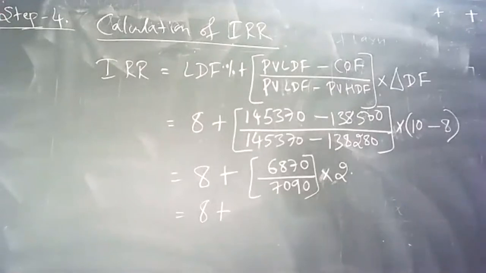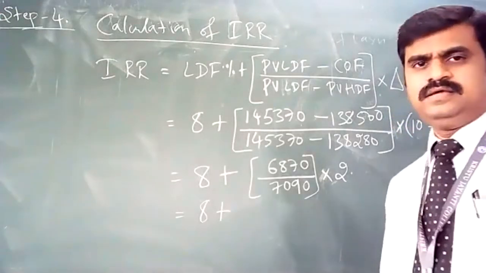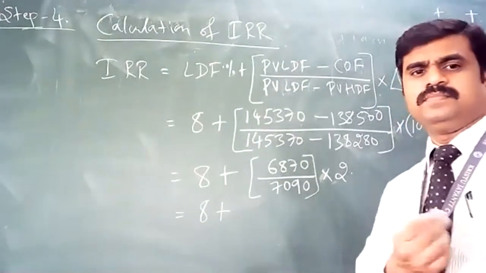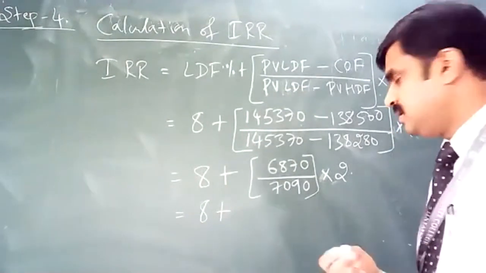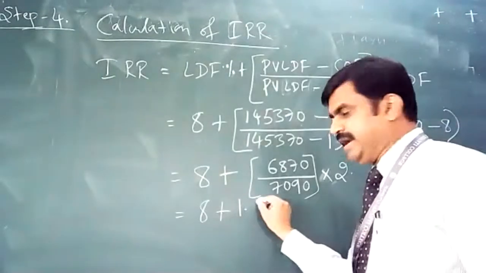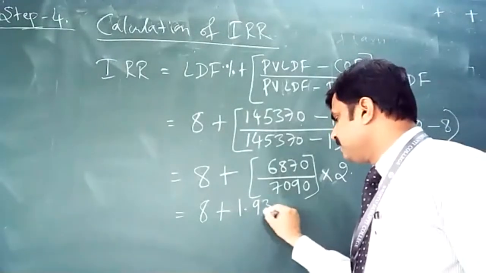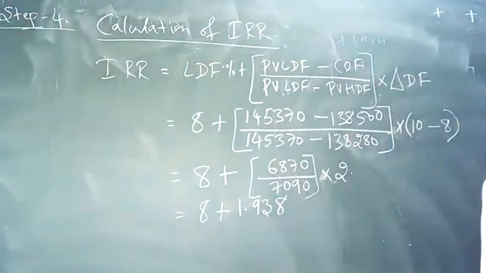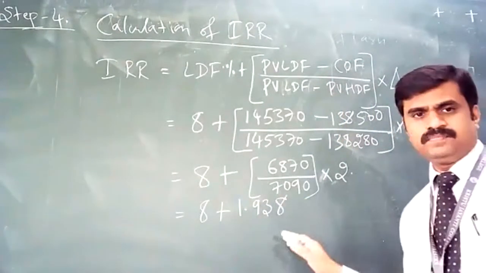1.9379. Good answer. So 1.938 you get. Now you add it to 8.